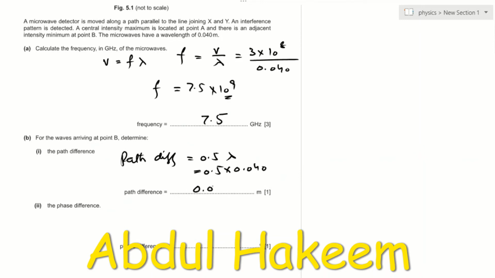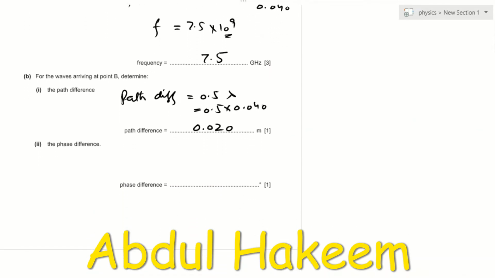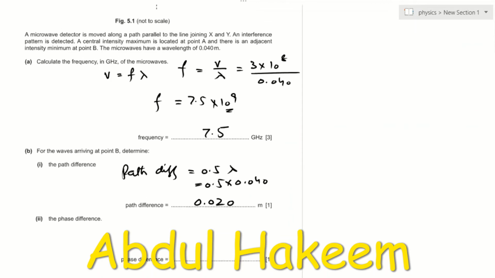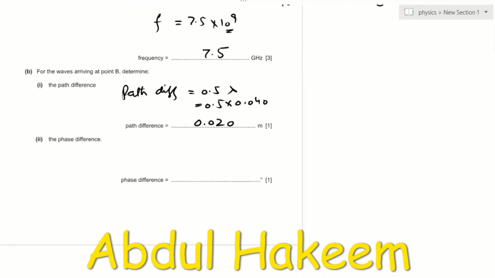So it will be 0.020. Then the phase difference. Now look, the phase difference will be 180 because 1 lambda is equal to 360 degree and the 0.5 lambda will be equal to 180 degree.